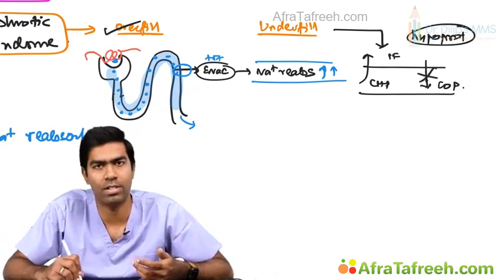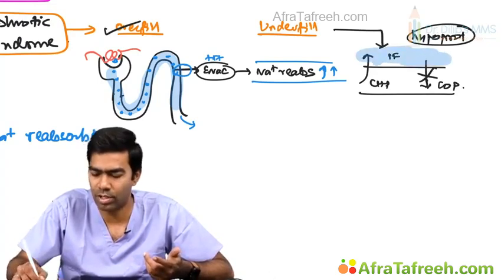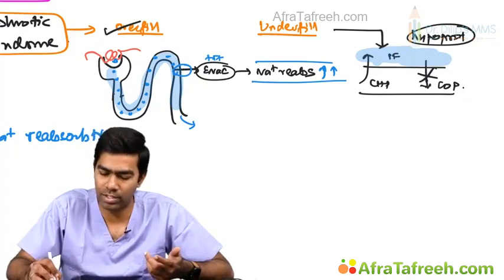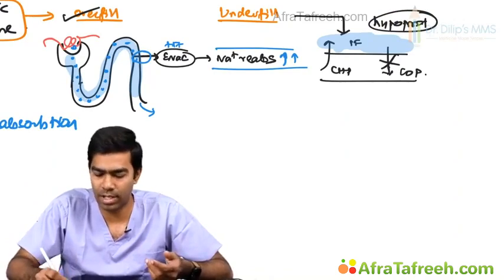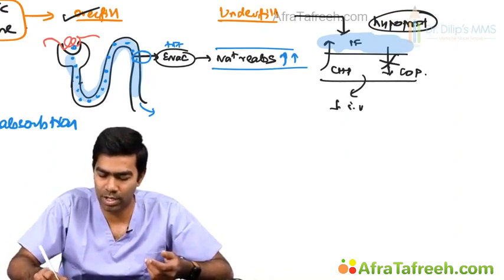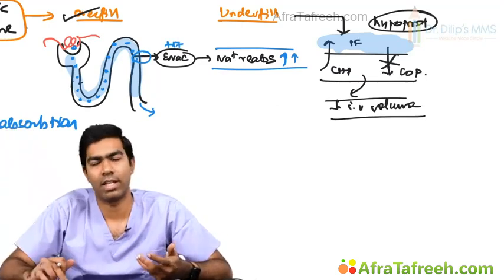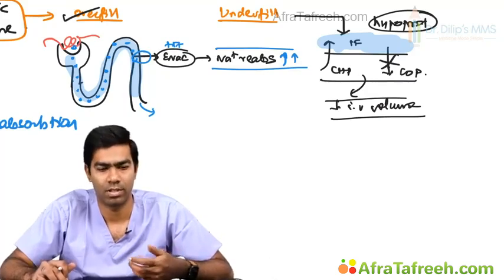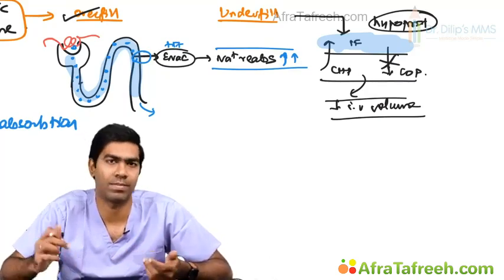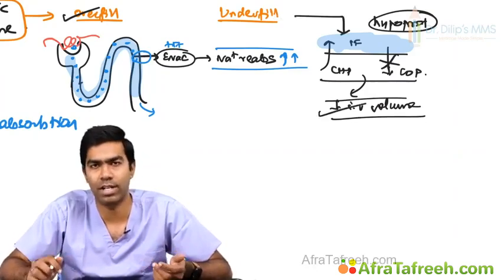But here the colloidal oncotic pressure is not properly working, so there will be fluid accumulation in the interstitial fluid compartment. Because the fluid is accumulating there, there will be low intravascular volume, and that is the reason for low effective arterial blood volume, because fluid stays in the interstitial fluid itself. It doesn't come back to the plasma compartment.